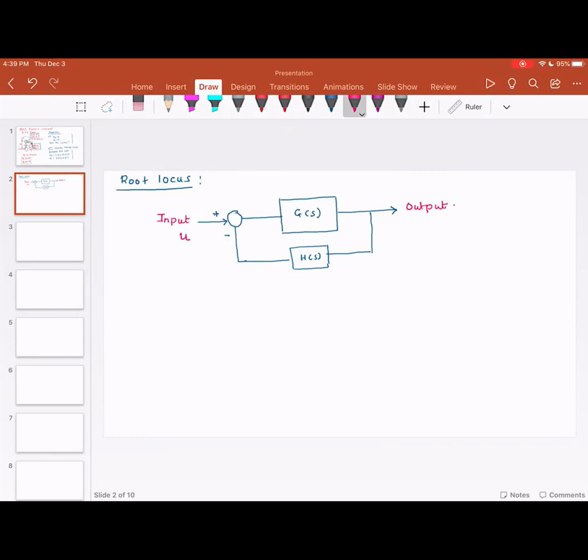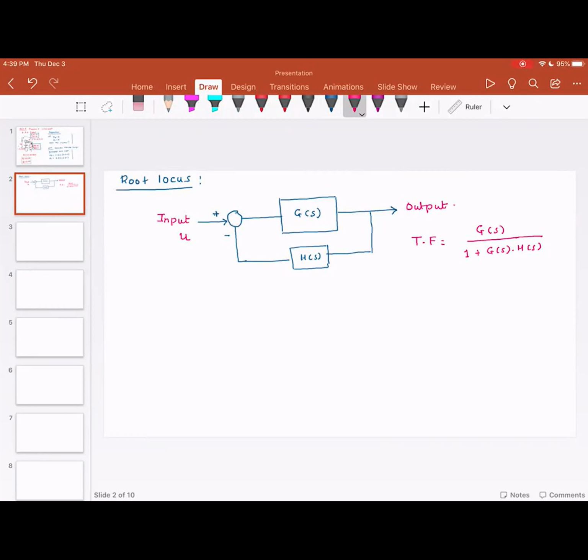Now, the transfer function for this system is given as G of S divided by 1 plus G of S H of S. This is what we derived in the last class.